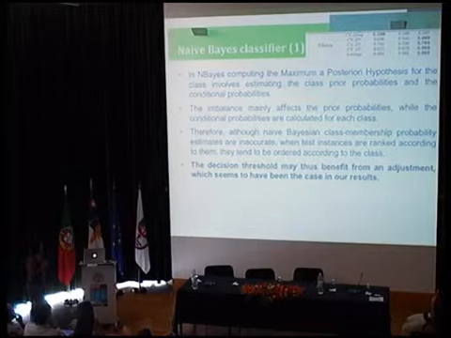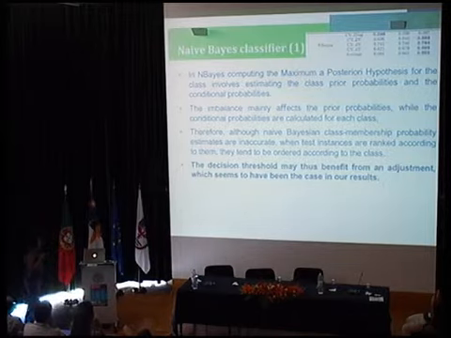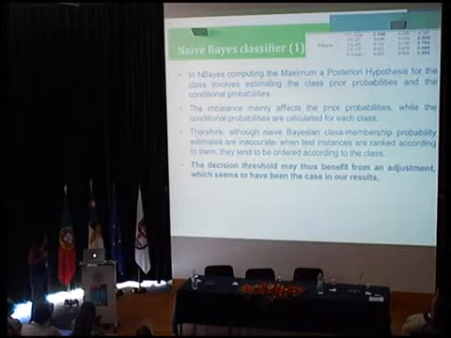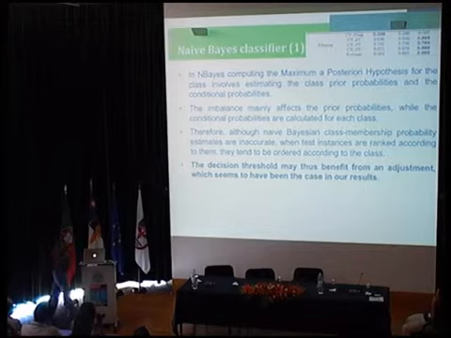So what happens in the case of naive Bayes? These algorithms compute the maximum a posteriori hypothesis for the class involved, and estimate the class prior probabilities and the conditional probabilities themselves. So basically, the imbalance mainly affects the prior probabilities that are computed by the algorithm.